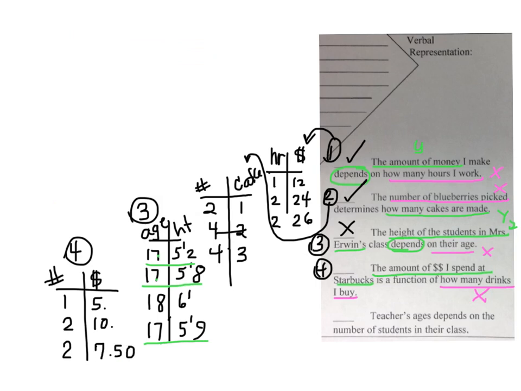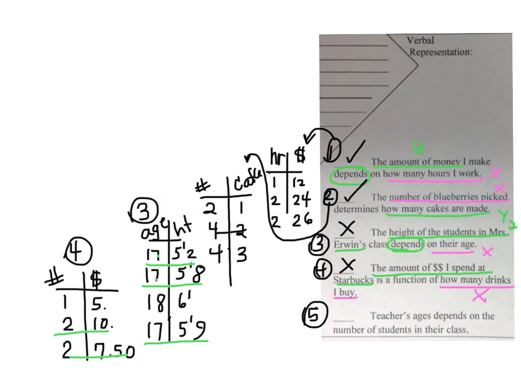So again, because of the repeat, this would not be a function. Now, if all the drinks were the same amount, yes, 2 drinks for 10, 3 drinks for 15, but all the drinks at Starbucks aren't the same amount. So I could go in and buy 2 and spend a different amount of money than someone else who goes in and buys 2.